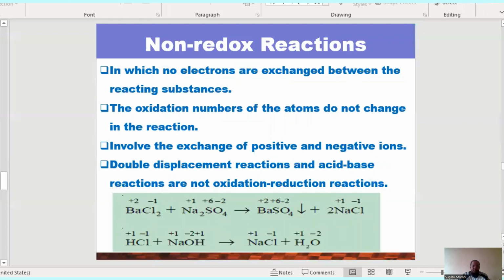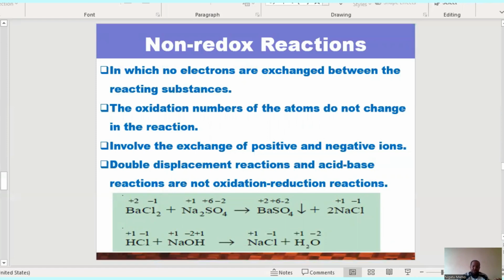The second type of chemical reaction is the non-redox reaction. As I said when we started this lesson, chemical reactions can be classified into what two categories? Redox and non-redox. In a redox reaction, there is transfer of electrons from one substance to another.